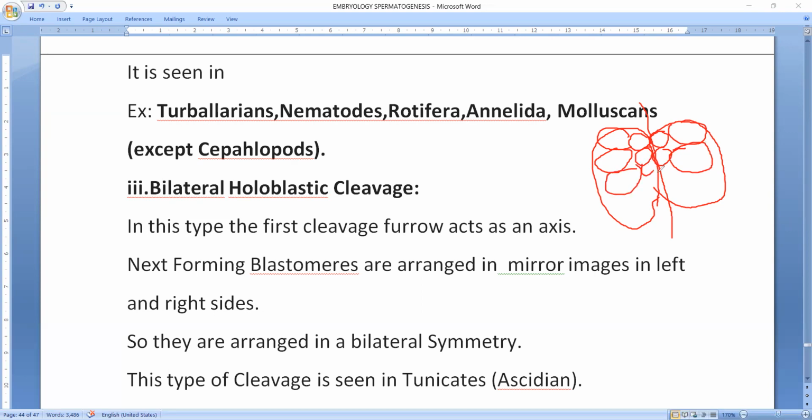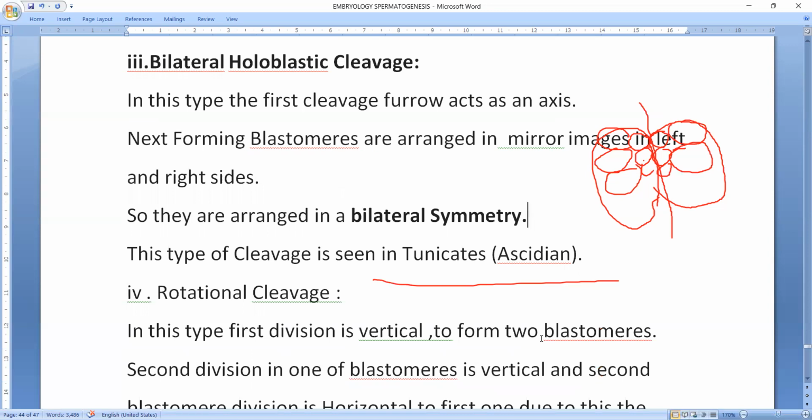This is how bilateral symmetry is formed in the embryo. The next forming blastomeres are arranged in mirror images, on the left and right side, so they are arranged in a bilateral symmetry. This type of cleavage is seen in tunicates or ascidians.